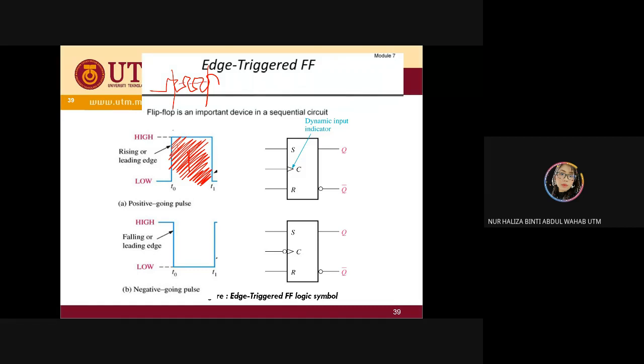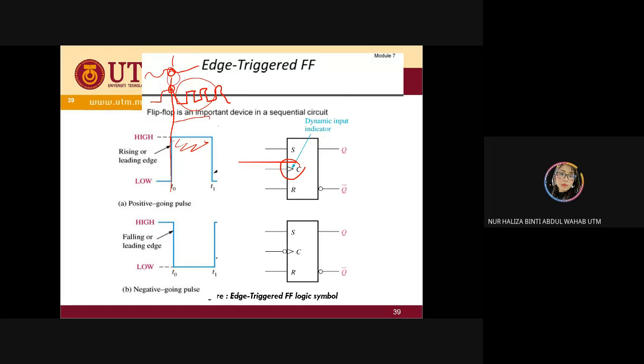But for flip-flop, you just look at the specific point. If it's mentioned positive clock, you just change at this specific value. Although you can see at this side it also has changes, at this point for another input, you're going to look at this only. So it will trigger at this until you meet another positive clock, rising up.